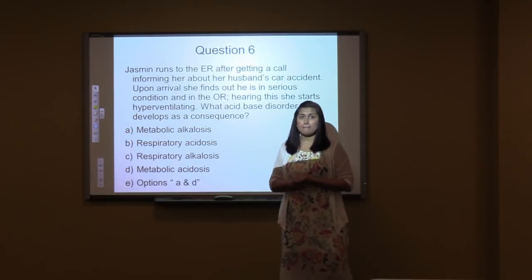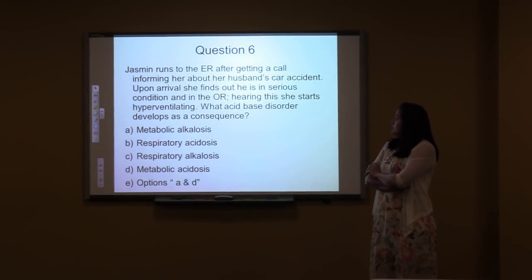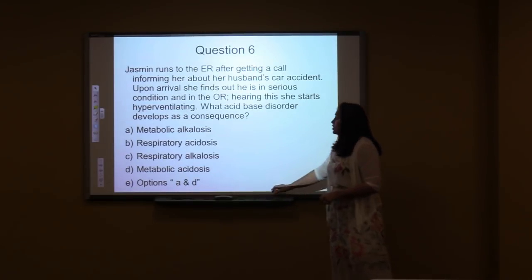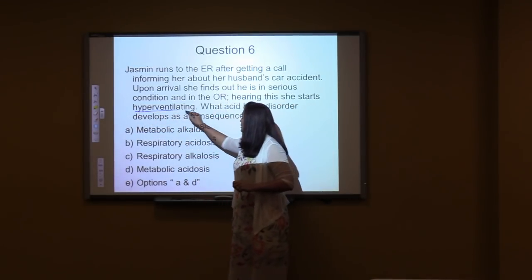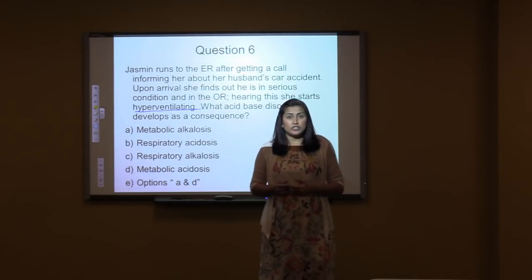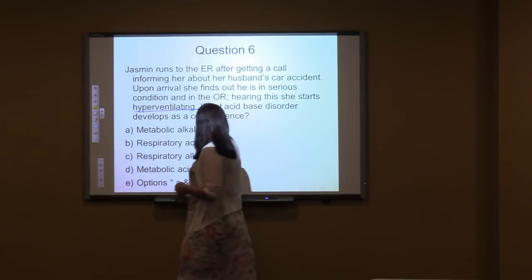Question 6. So it tells you she starts hyperventilating. That's the key word. Hyperventilating. When you hyperventilate, you get rid of your CO2. So if you're getting rid of your CO2, that's going to throw you in alkalosis.